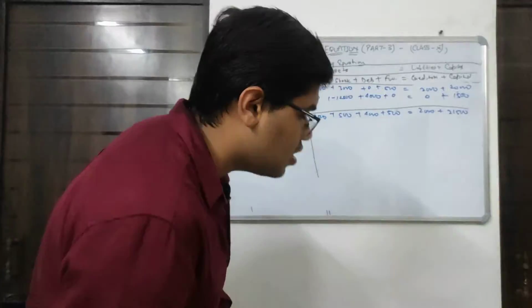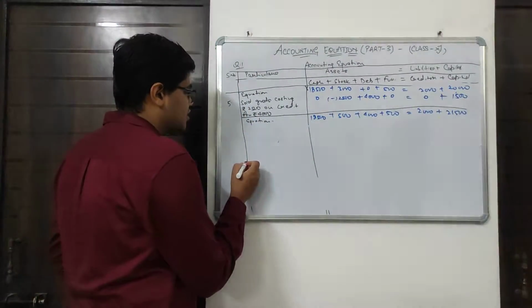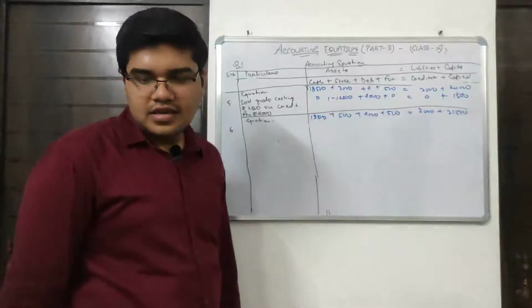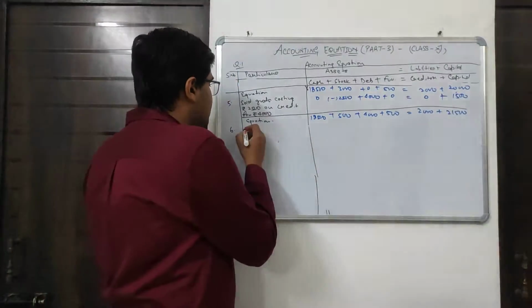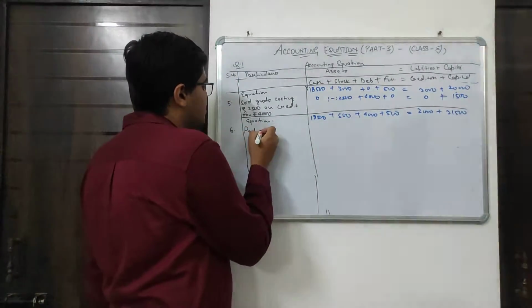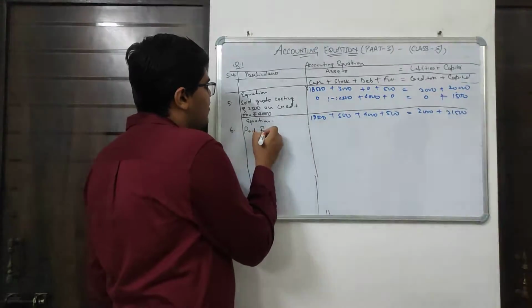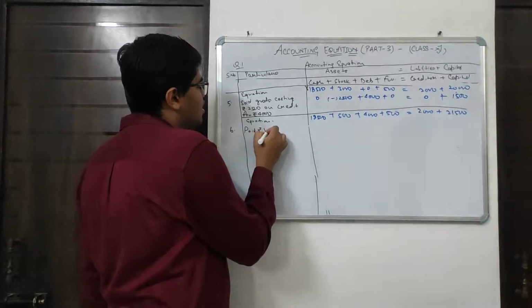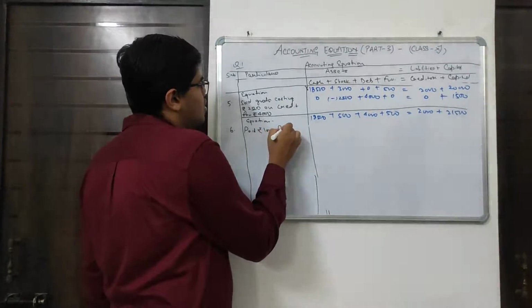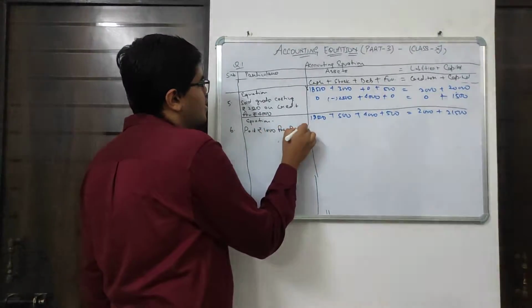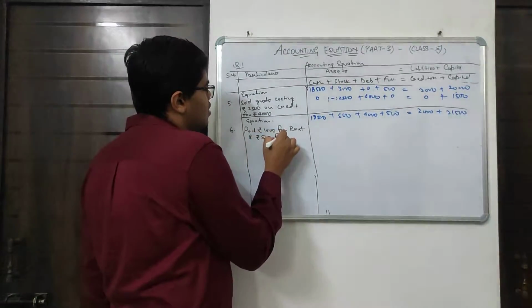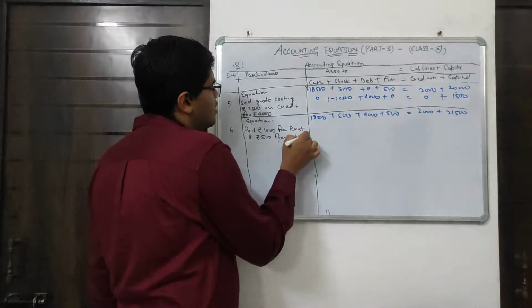So what is our sixth transaction? Our sixth transaction is paid rupees 1,000 for rent and rupees 500 for salary.